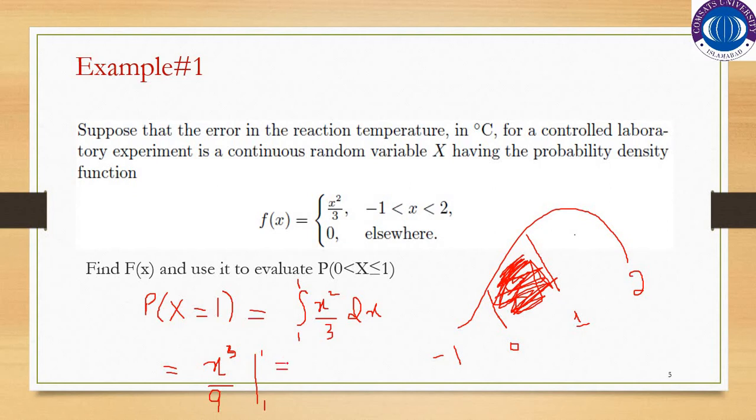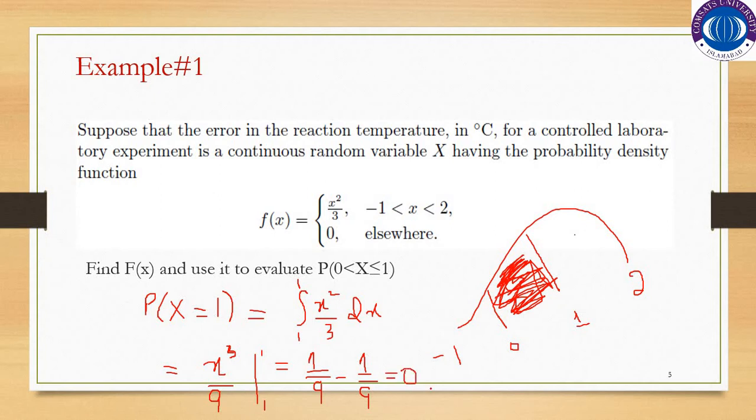You will substitute the limits. First we enter the upper limit, which is 1 by 9, and then we put in the lower limit, which is also 1, giving 1 by 9. So the answer will be 0.